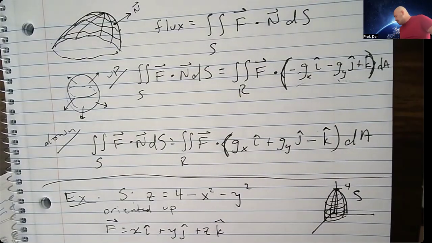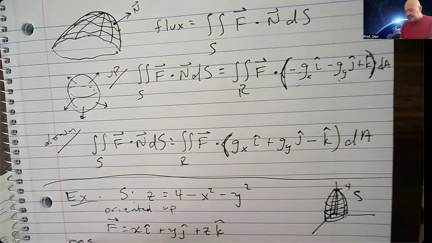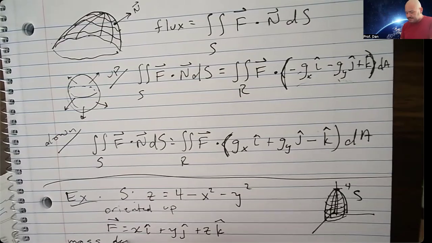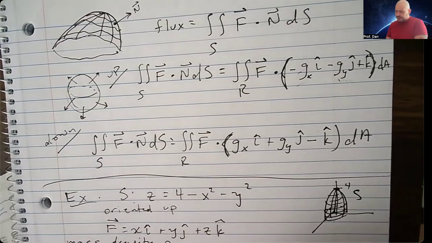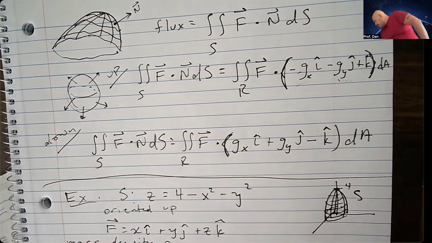All right, and we're also told that there's a mass density rho, right? And this is a special kind of flux question.